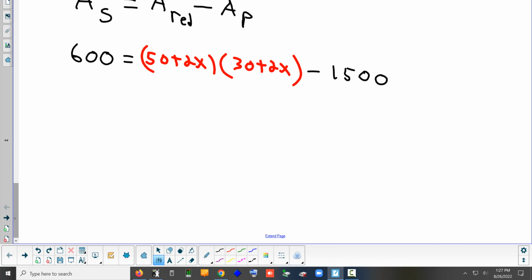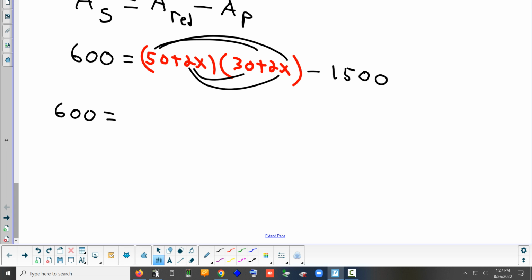First thing we should do is this. Came up in the homework. We're going to have to FOIL or distribute that out. 50 times 30 is how much? We just did that calculation. That's actually going to cancel out in a second. So 1,500. 50 times 2x is how much? That's 100x.